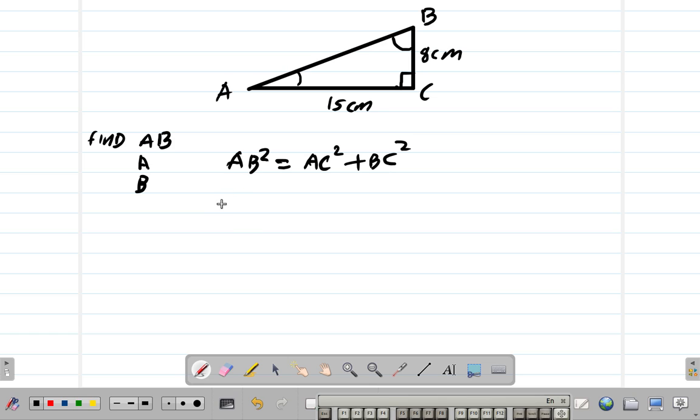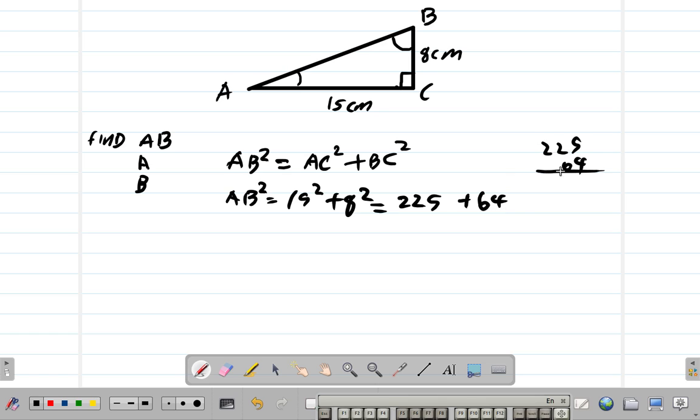So here now, AB squared is equal to 15 squared plus 8 squared, which is 225 plus 64. 225 plus 64 is what? 4 and 5, 9, 6 and 2, 8, 289.